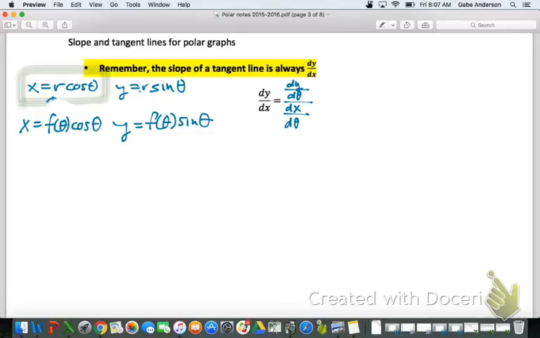So if we're going to say dy/dx equals, my numerator has to be dy/d theta, so I'm going to differentiate the y in terms of theta equation. So it's going to look like this: 1 d2 plus 2 d1.